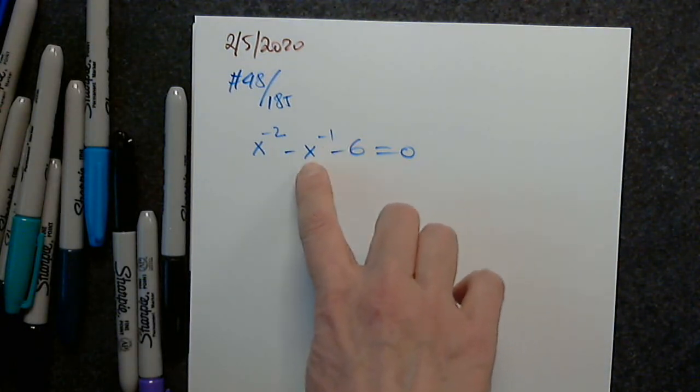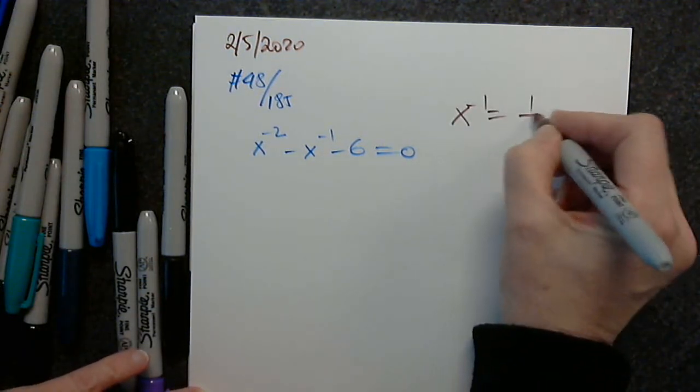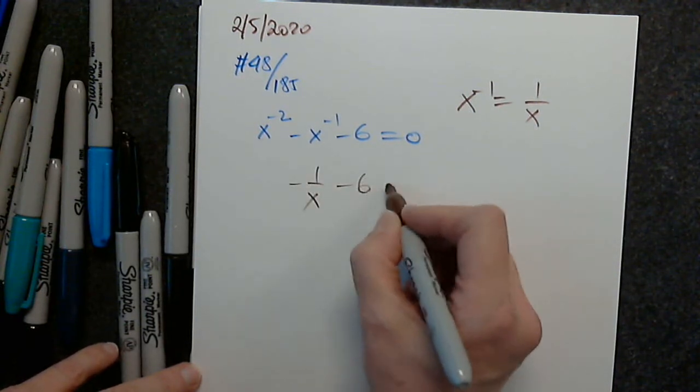Can anyone tell us how to write x to negative 1? Excellent. X to negative 1 is 1 over x. So then this is negative 1 over x minus 6 equals 0.